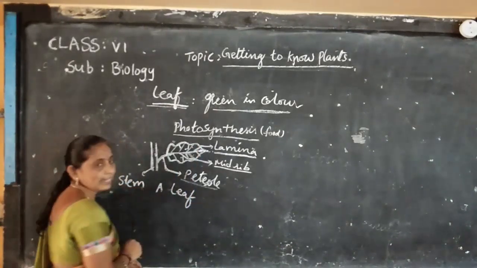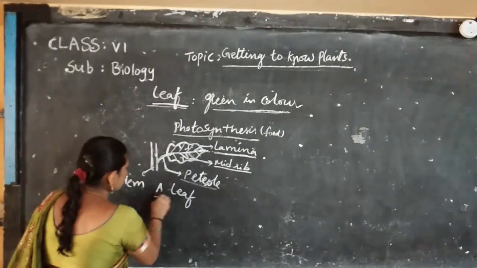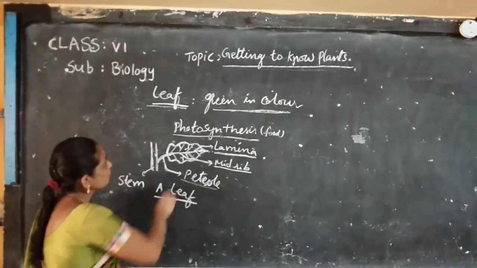Veins and lateral veins make up the structure of the leaf.